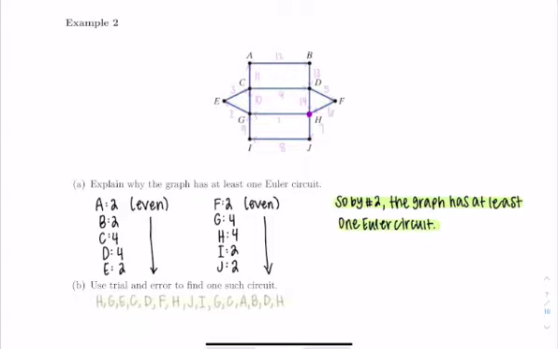I'm going to go from H to G. And remember, because this is a circuit, we need to start and end at the same vertex. So from G, I'm going to go to E. And from E, I'm going to go to C.